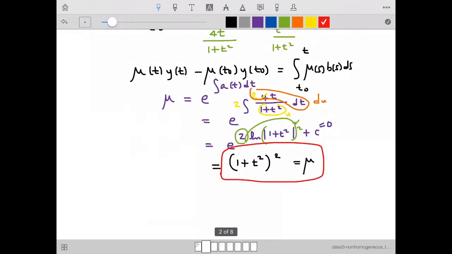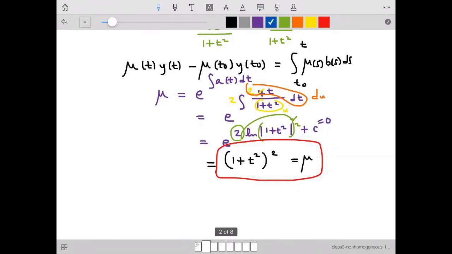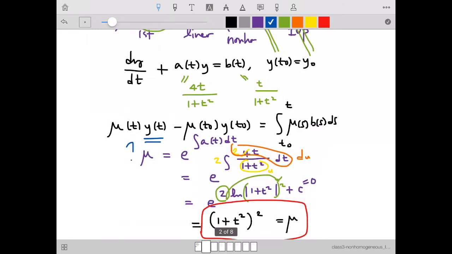Okay, so let's plug in. y is what we are looking for. y is our unknown. t0 is 1. y at t0 is 1/4. b of s is this.